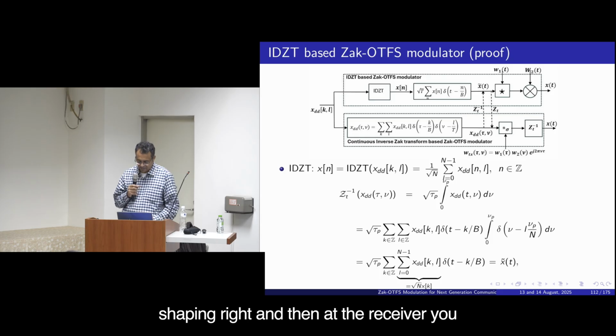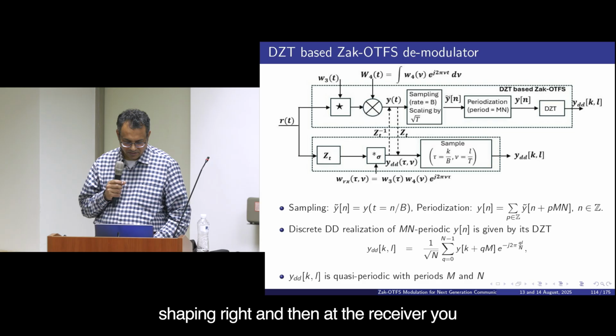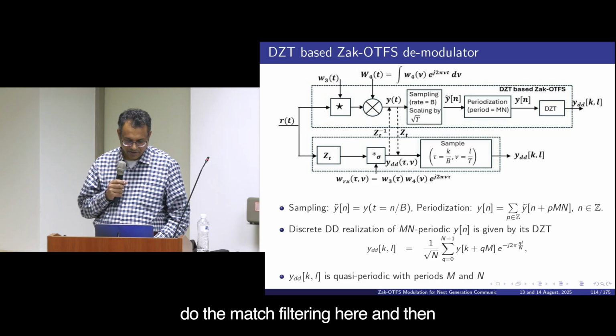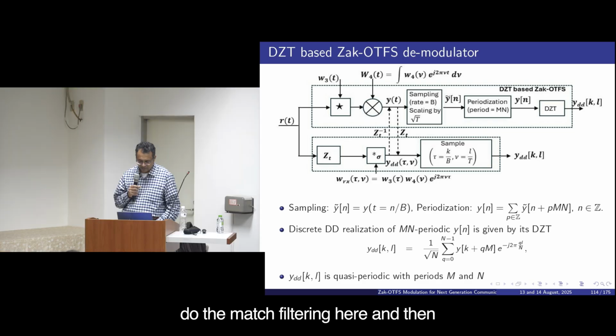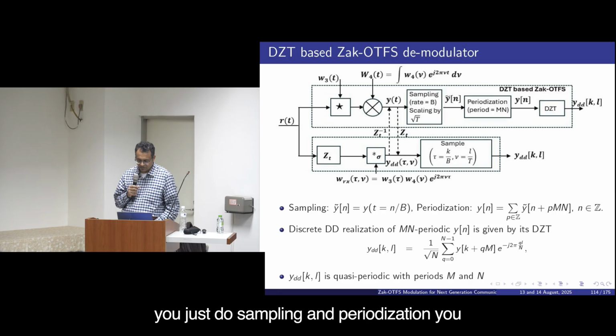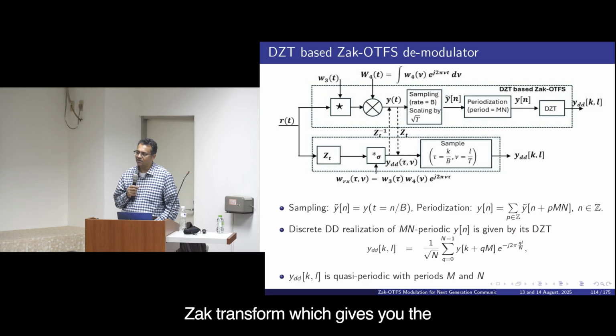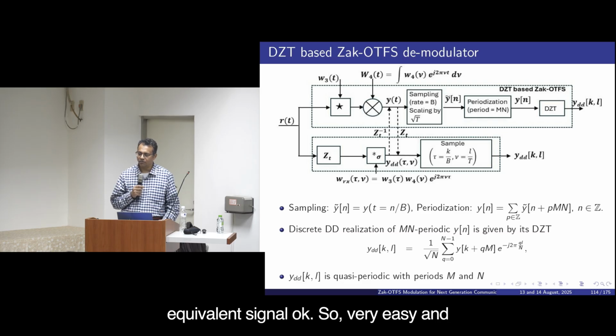At the receiver you do the matched filtering, then sampling and periodization. You get your discrete time periodic signal, and then you do a discrete ZAC transform, which gives you the discrete DD domain equivalent signal.